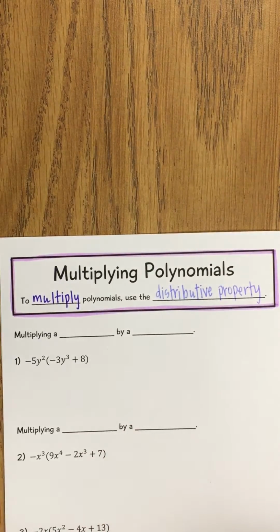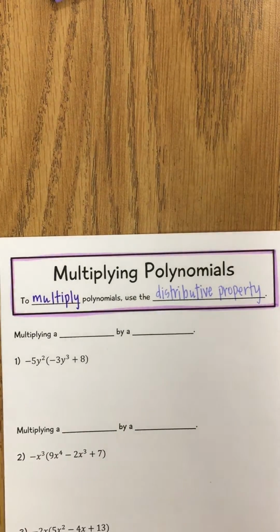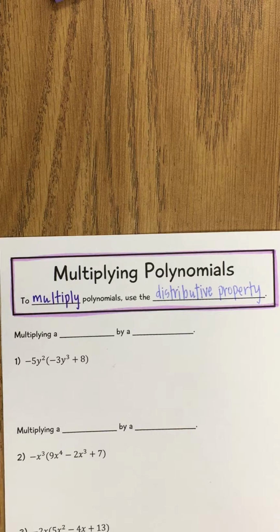So that's good news. It's nice to hear that this is going to be something that you guys have seen and done before. The thing that might be the most different about it is the fact that we are dealing with a lot of variables this time. So our first example is kind of a basic example.